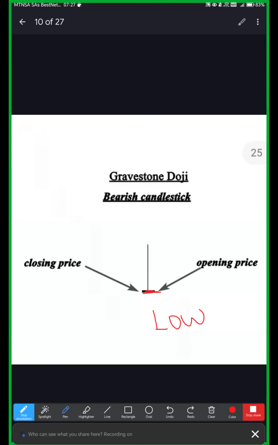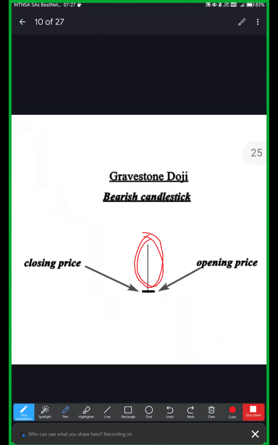At the same price. Sometimes it may not be exactly the same price, but about the same price. So what differentiates the dragonfly doji from the gravestone doji is this candle here. Can you see this upper shadow here?